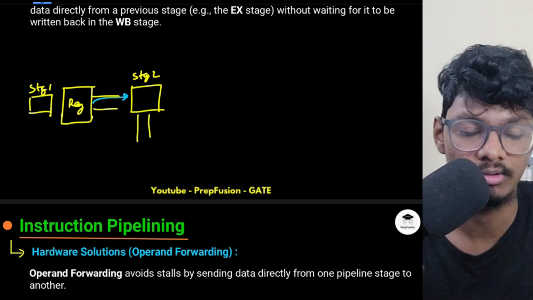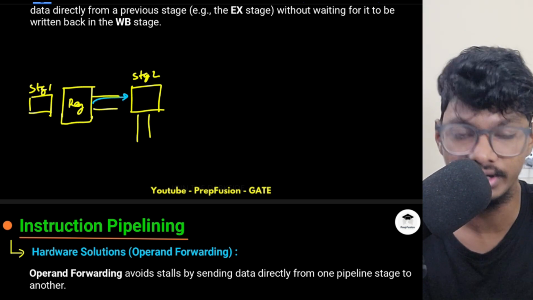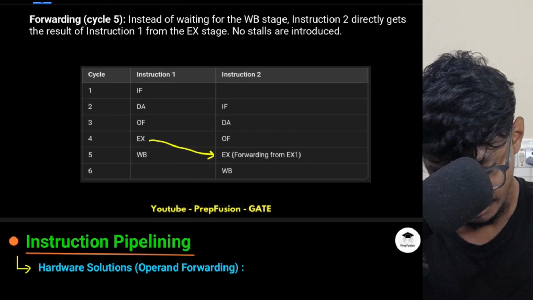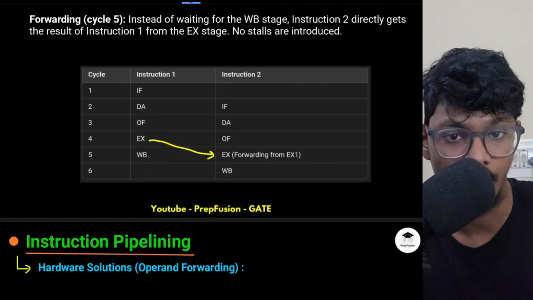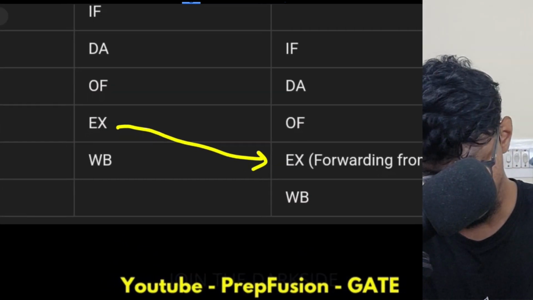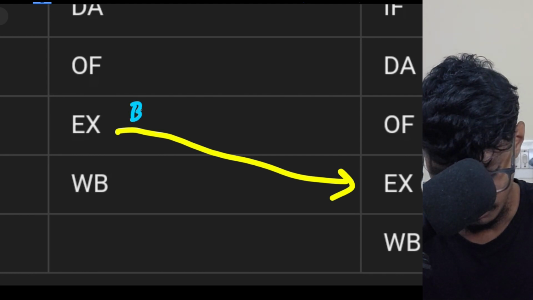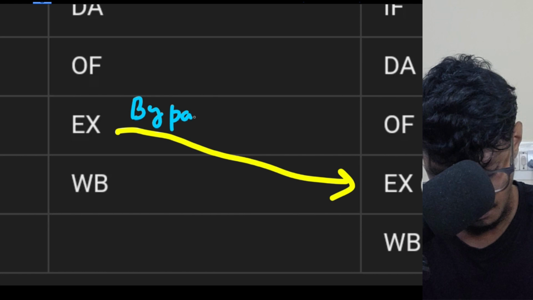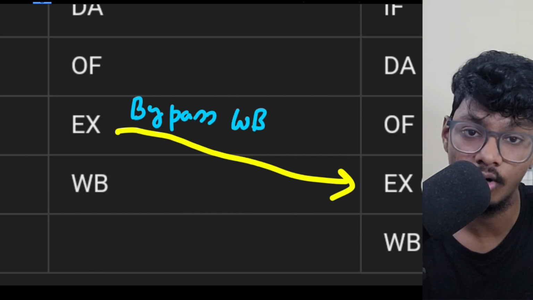It is an internal hardware mechanism, very difficult to build, but it is one way to avoid this data hazard. We take the value from the output of the execution to the input of the next execution stage. So here we bypass the write back stage.